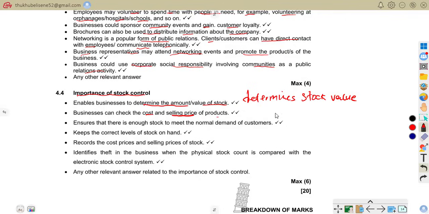Business can check the cost and selling price of the products. So it is easy for a business to do that.